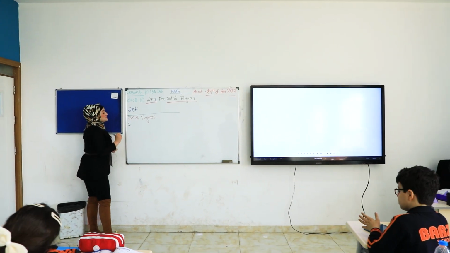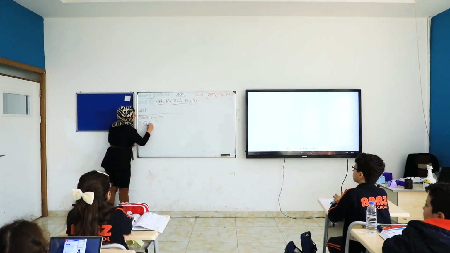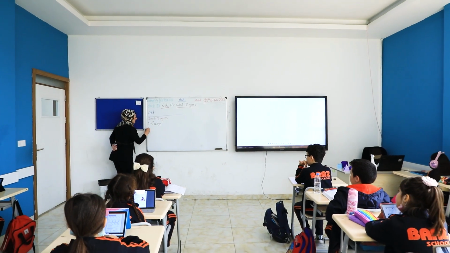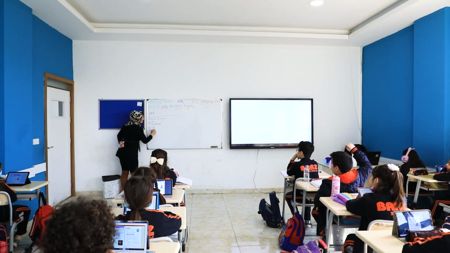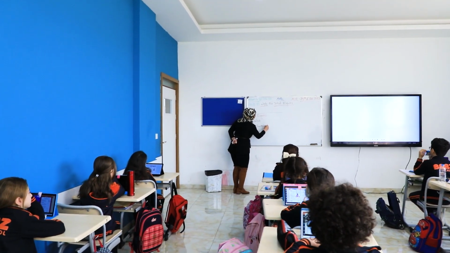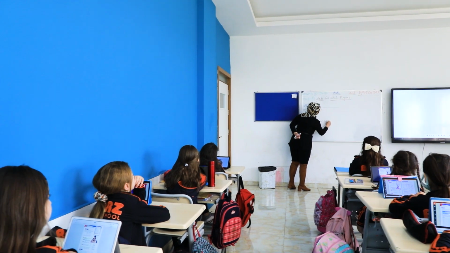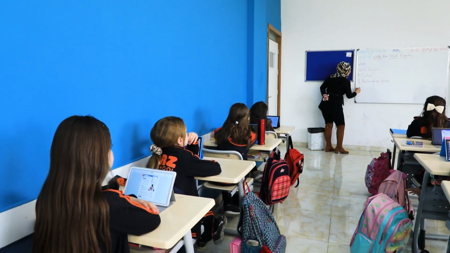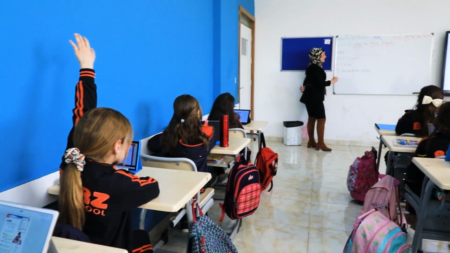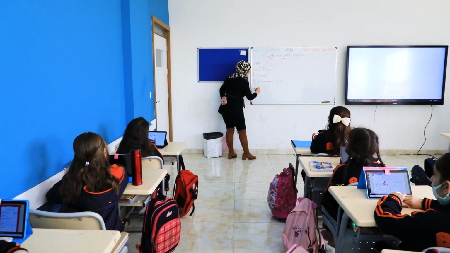The first type of solid figure is cube. The second type is rectangular prism. The third type is triangular prism. I'll show them to you. I have made them by myself.